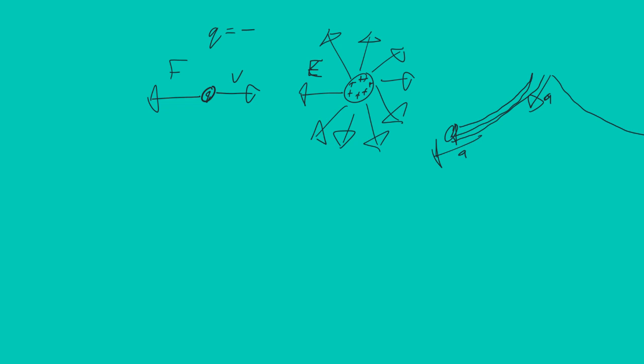So the electric field is still in the same direction because the charge of the object stays the same. But the forces here are going to flip because now the force is in the same direction as the velocity.